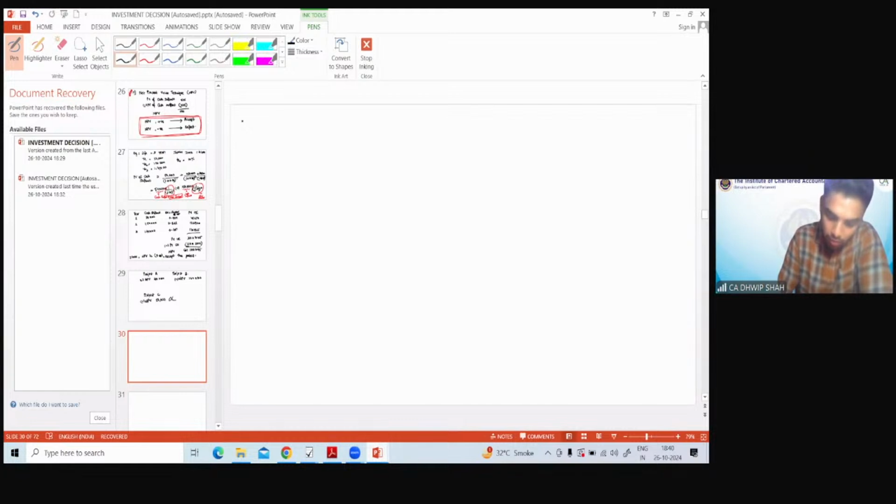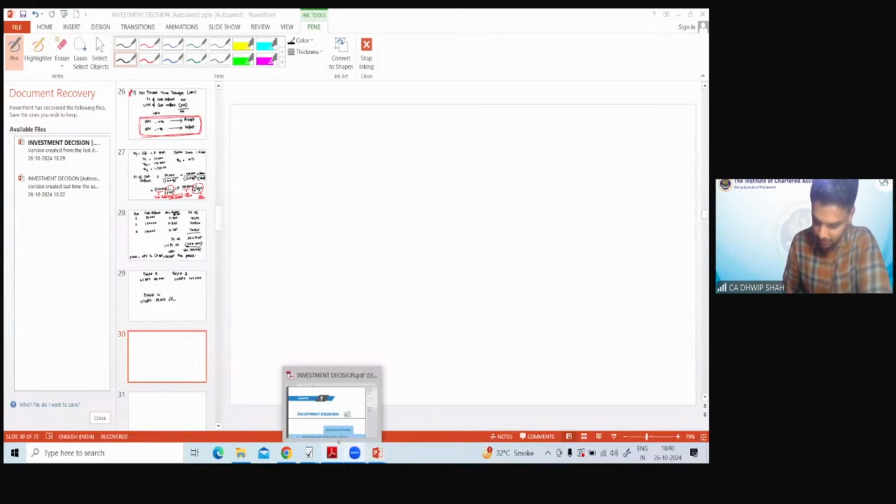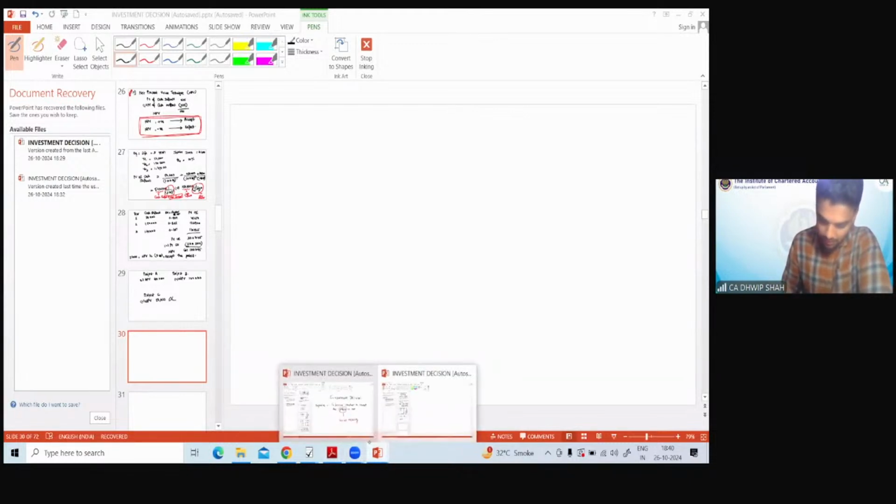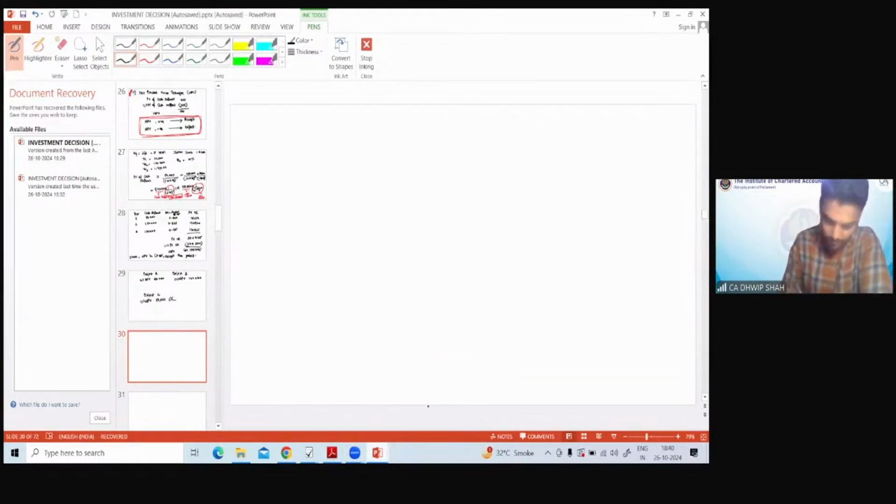Now I would want you all to solve the example that I provide. I would want you all to calculate NPV for the following illustration.